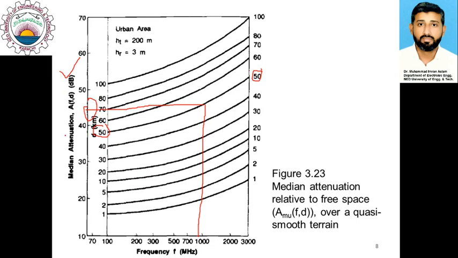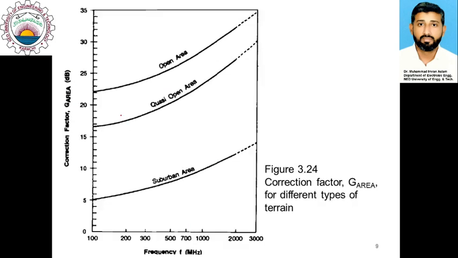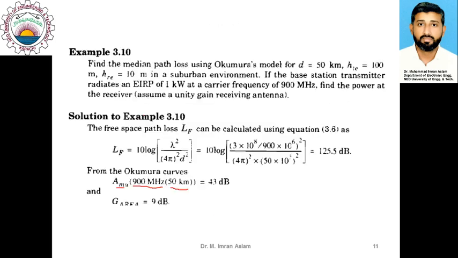It is between 40 and 50, below the half, so you can take it as maybe 43 or 44 decibels. So the median attenuation from the Okumura curve comes out to be 43 decibels when the operating frequency is 900 megahertz and the distance of propagation is 50 kilometers.